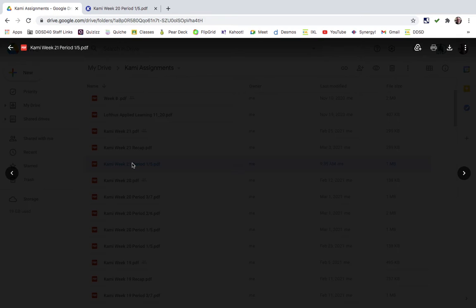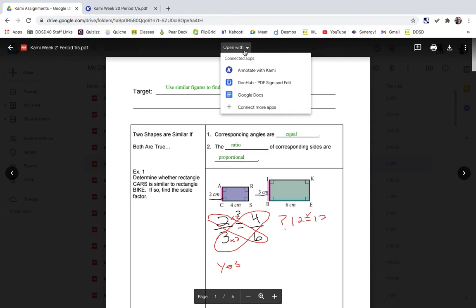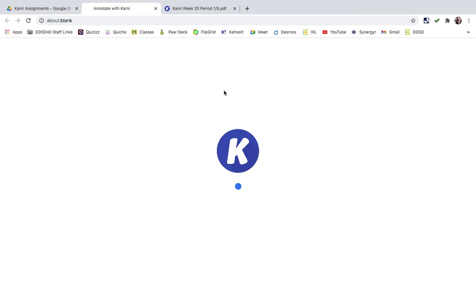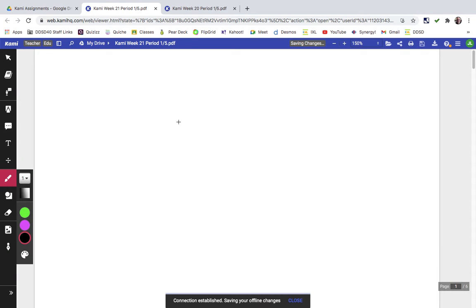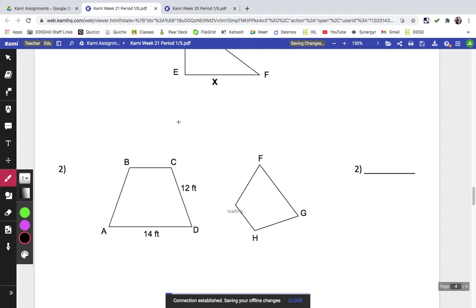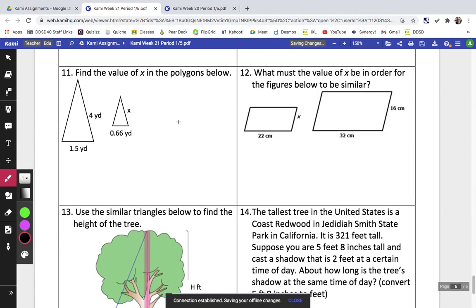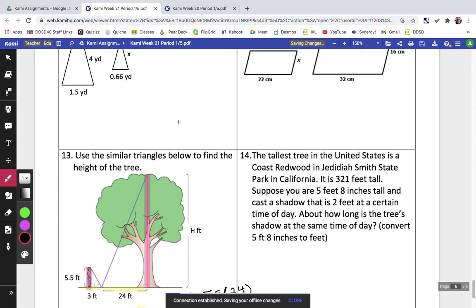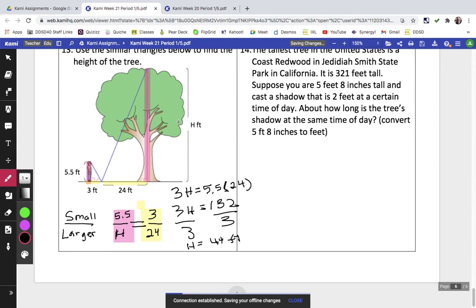There we go. We'll do this one. Okay, let's go to the bottom, to the tree problem on page 6. And this recap is getting pretty long, so this is going to be pretty quick. And then next Monday, I will have an answer key for all the rest of week 21.